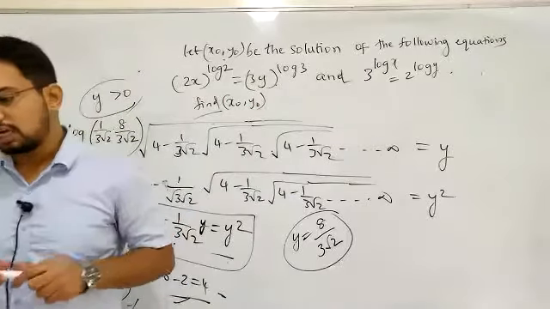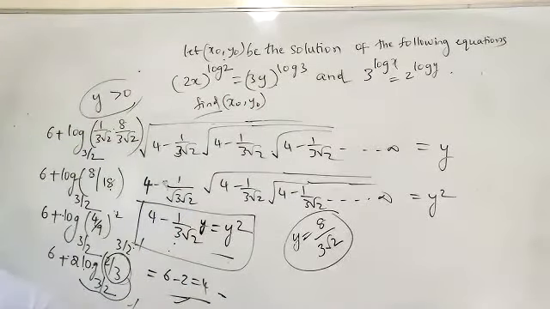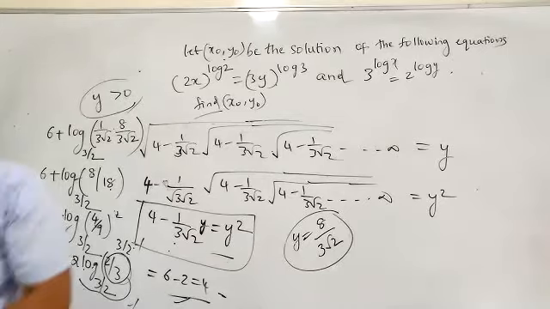Try solving this. Time is 2 minutes. Please try solving this. Let x naught comma y naught be the solution of the following equations: 2x power log 2 is equal to 3y power log 3 and 3 power log x is equal to 2 power log y. Find x naught comma y naught.